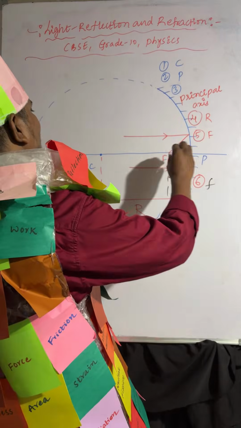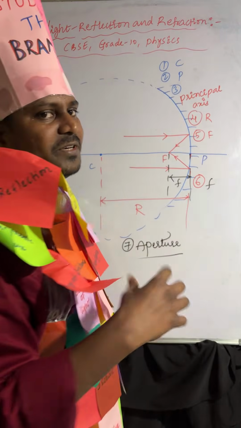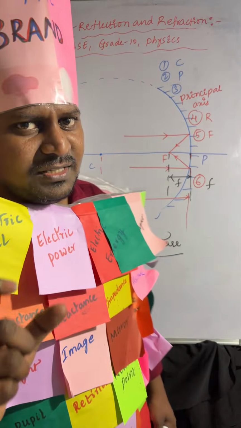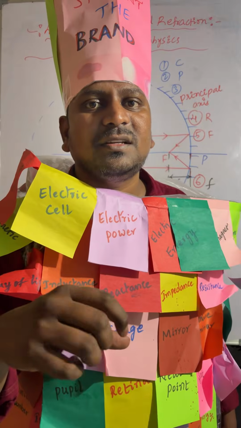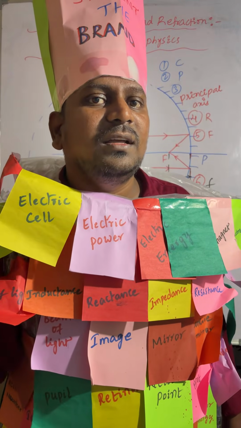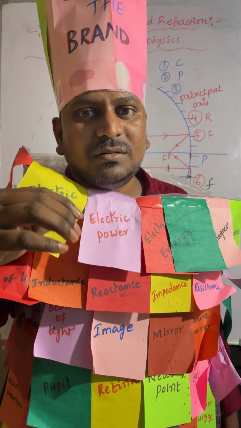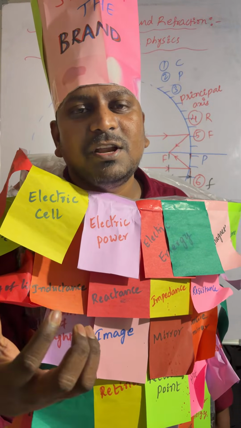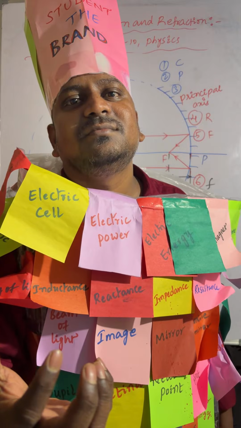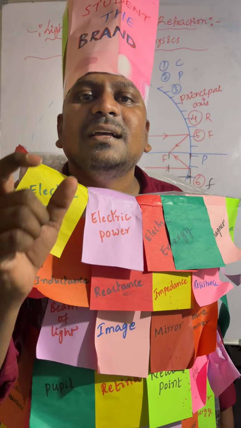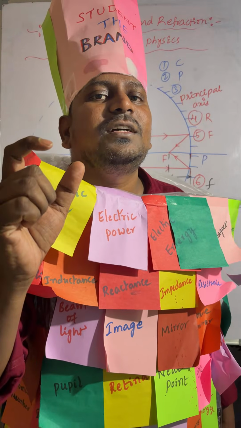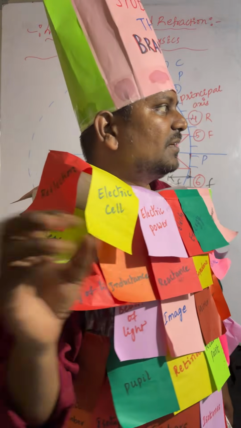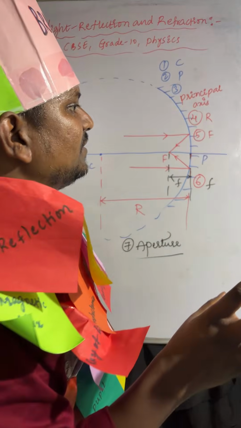After reflection, all light rays meet at one point on the principal axis, which is called the principal focus. In simple words, instead of principal focus, we simply say focus.